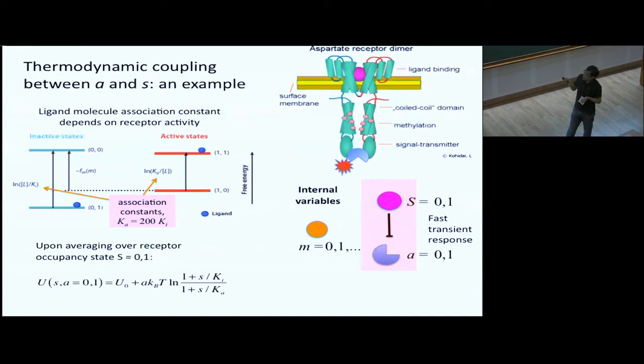When it binds to the receptor, it's going to have some energy. When it is outside in the solution, it's going to have some other free energy. So there is some free energy change between the outside and the bound state, and the energy in the bound state is going to depend on the value of this internal variable A.